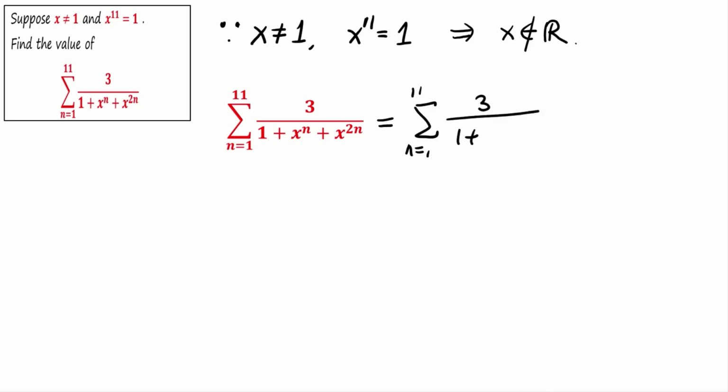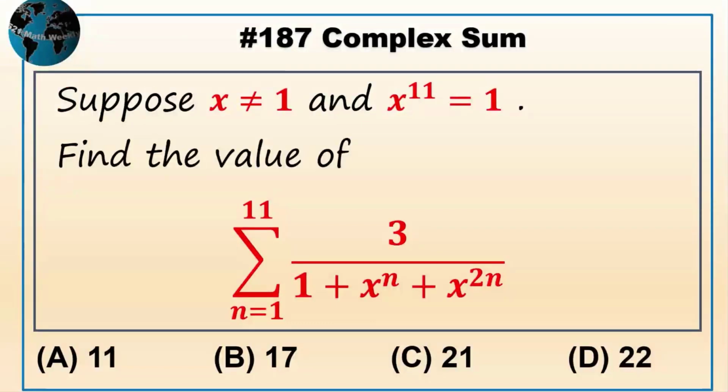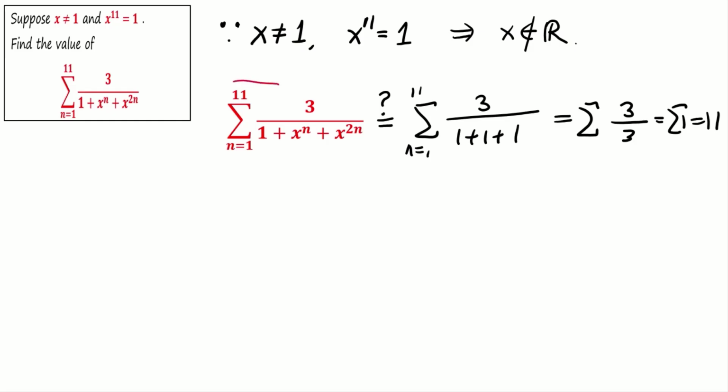So they simply plug in x equals 1 and think this equals the summation of 3 over 1 plus 1 plus 1, which is a summation of 3 over 3, so a summation of 1. Since n runs from 1 to 11, they think the answer is 11. Some of them choose the answer A, 11. Unfortunately, this is not the correct answer.